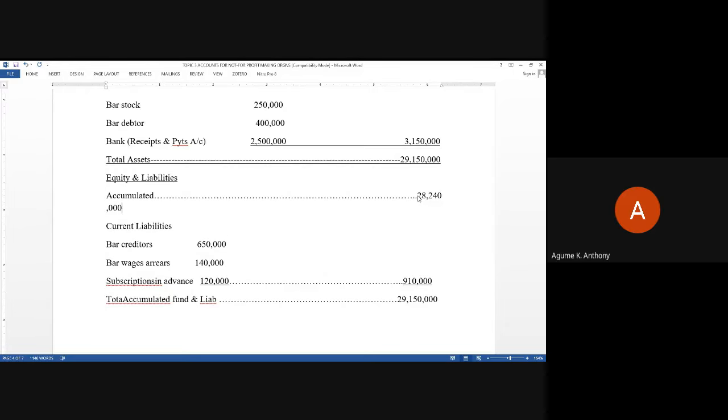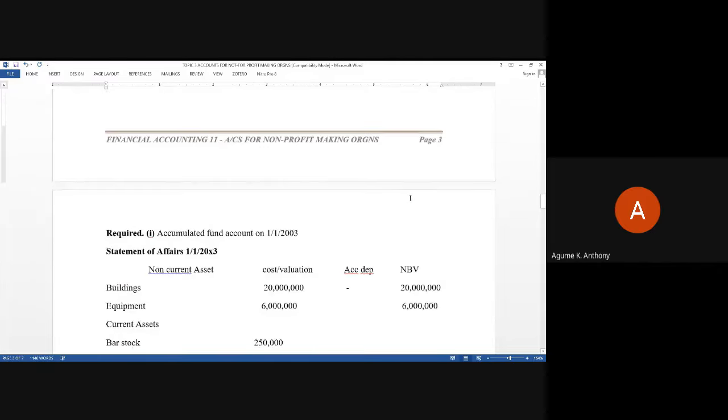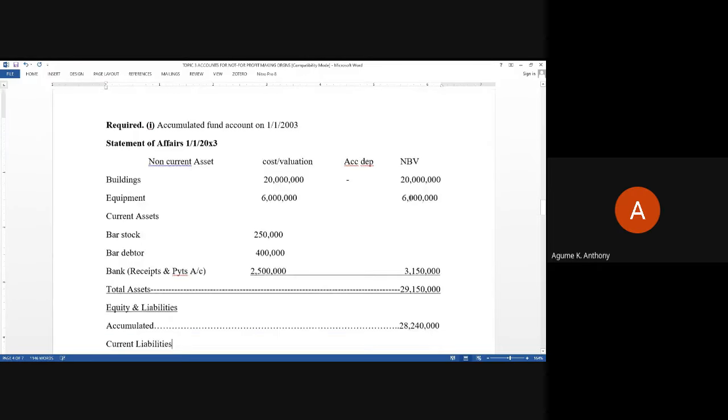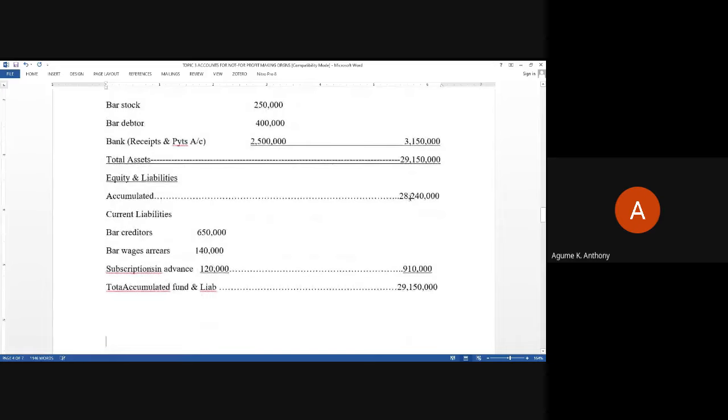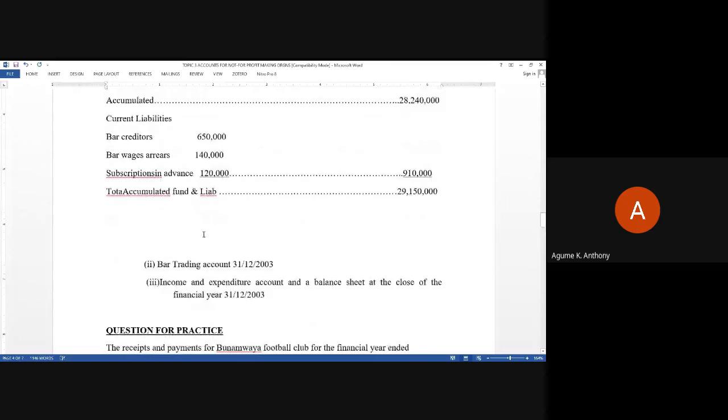That is my accumulated fund, which I was looking for. So you need to determine the accumulated fund by preparing the statement of affairs, and the statement of affairs basically is prepared by getting your total assets at the beginning of the period minus the liabilities at the beginning of the period. So that is my accumulated fund.